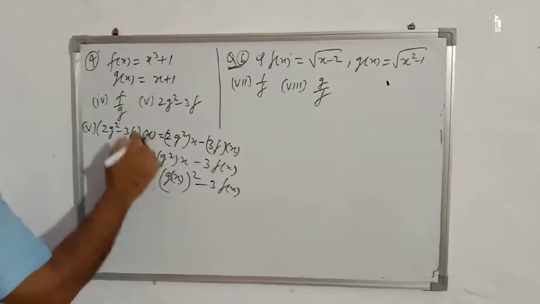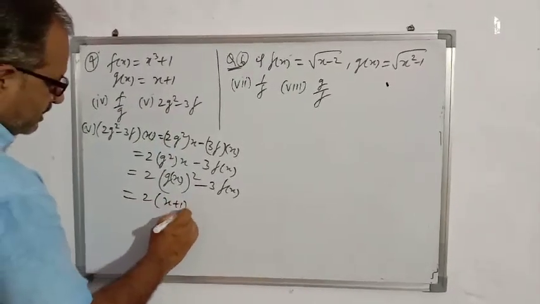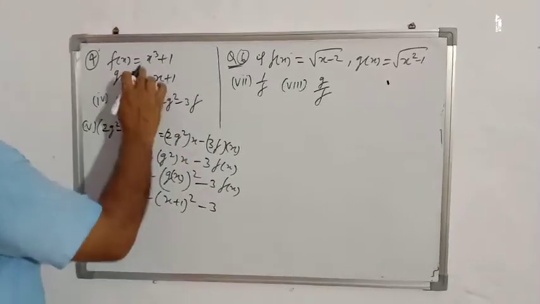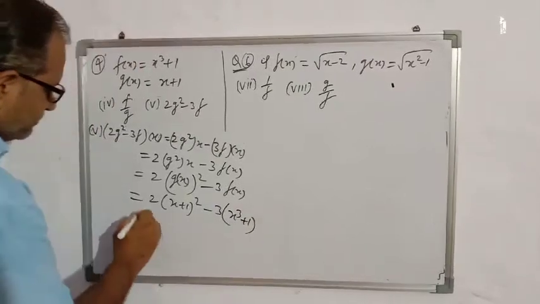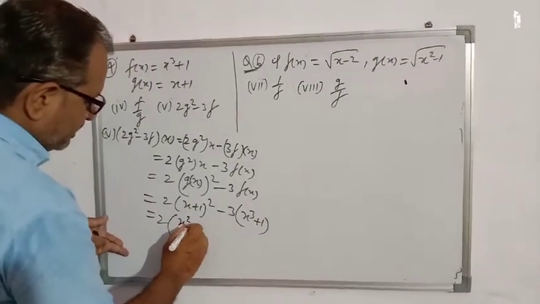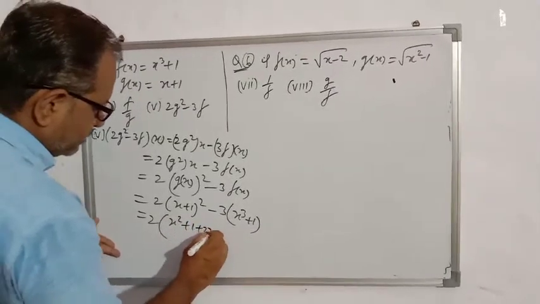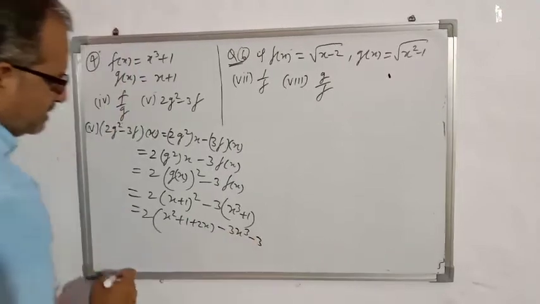Now put the value of gx. gx is x plus 1. So x plus 1 whole square minus 3 fx, which is x cube plus 1. By (a plus b) whole square, x square plus 1 plus 2x. Open the bracket, minus 3x cube minus 3.